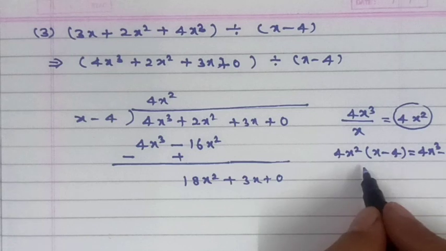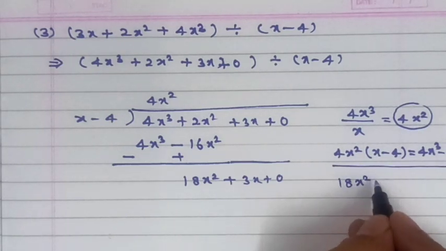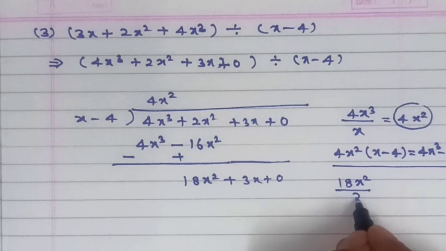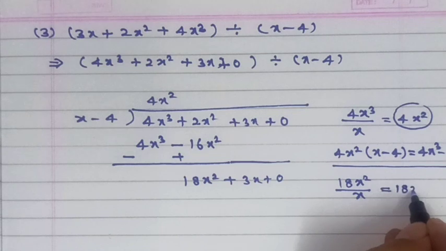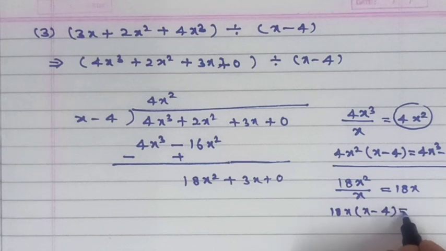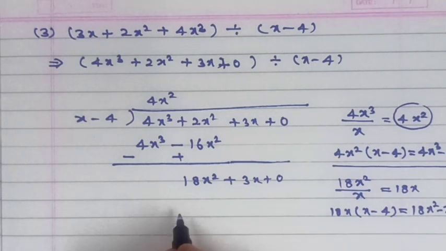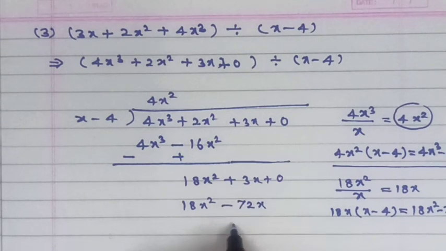Now repeat the method again. So 18x square divided by x, you will get 18x. Then this 18x you multiply to x minus 4 and you will get 18x square minus 72x. Write down here 18x square minus 72x and subtract.